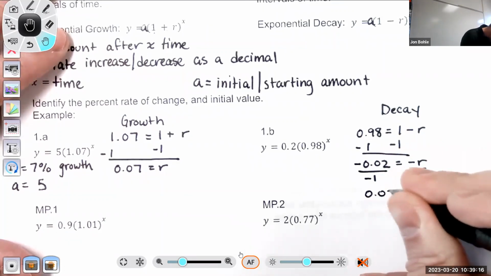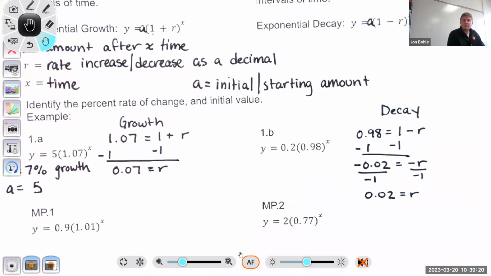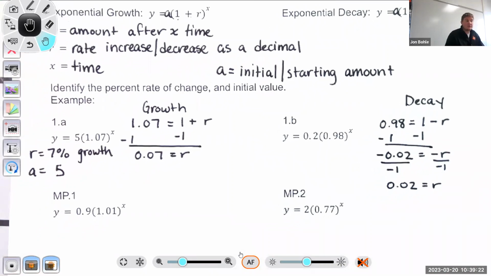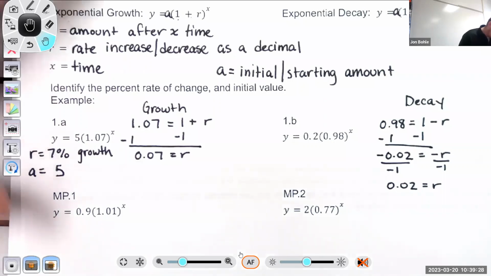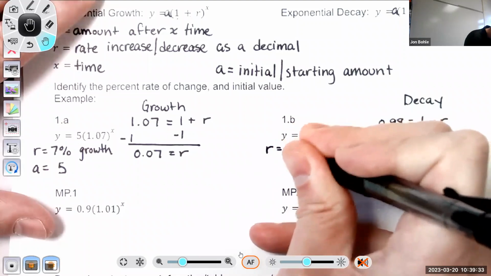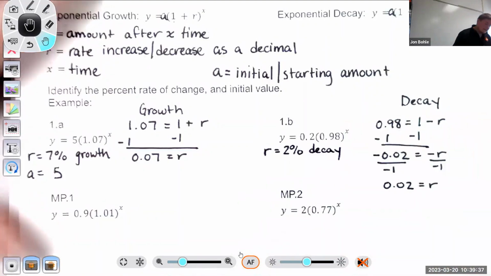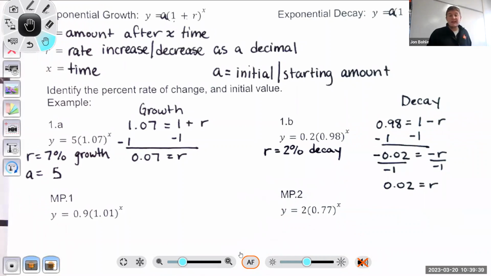Get 0.02 is equal to R. So that's my rate as a decimal, which is very important. But what's my decay as a percentage? This is 2% decay.